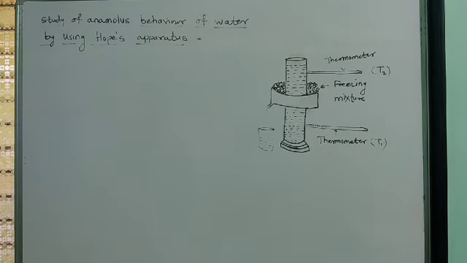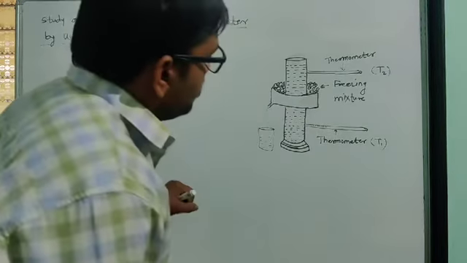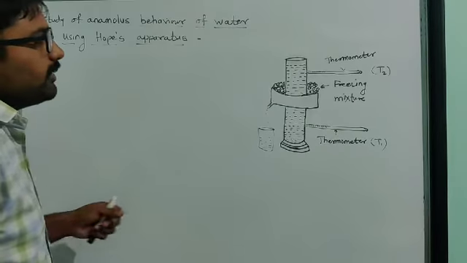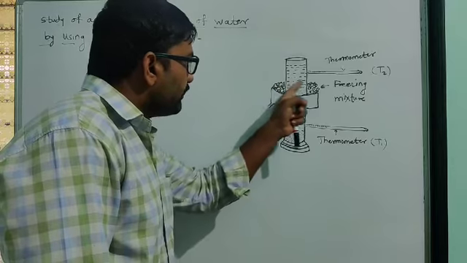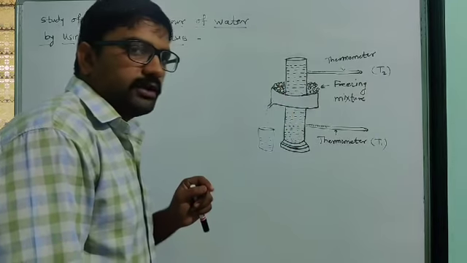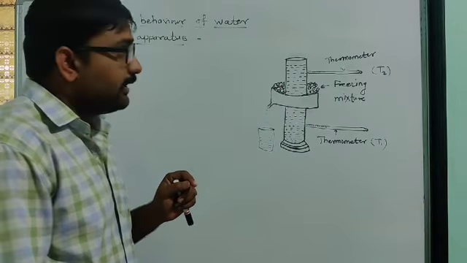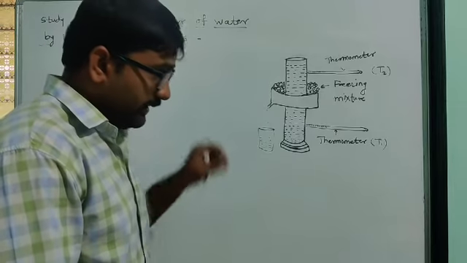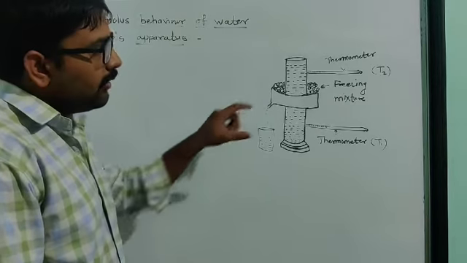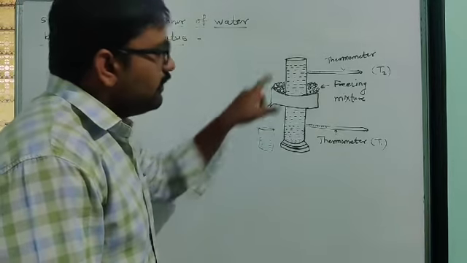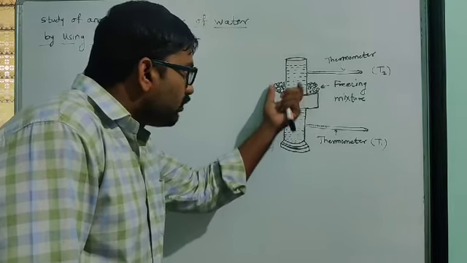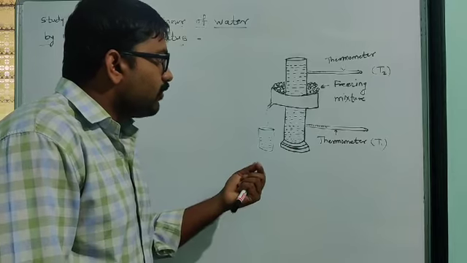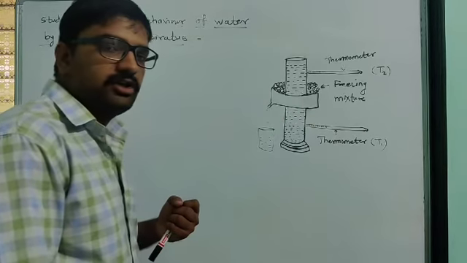So here we place the freezing mixture. Due to the presence of that freezing mixture, the water present here in the middle position has its temperature decreased. Initially we take water at room temperature, but this middle part of the tube comes in contact with the freezing mixture.